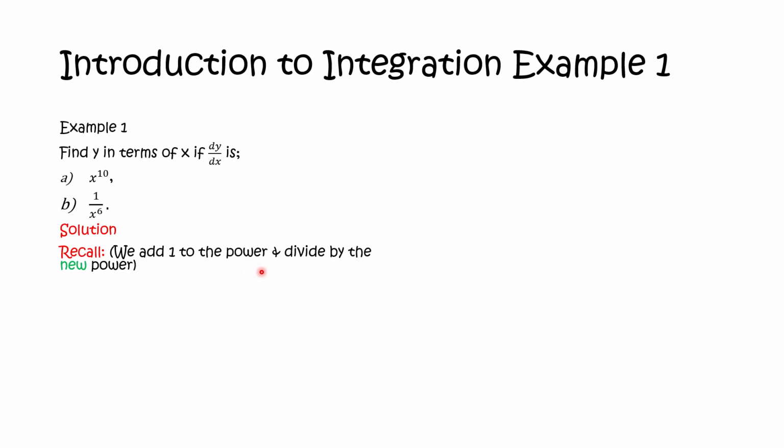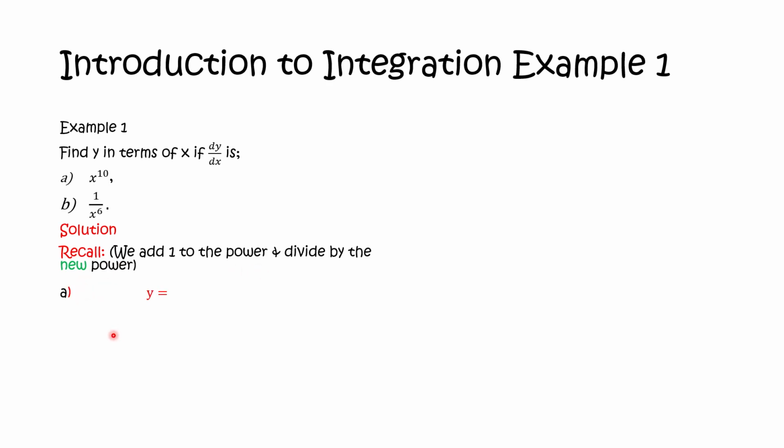Now, let's look at an example. Find y in terms of x if dy/dx is (a) x to the power 10, (b) 1 over x to the power 6. The solution. Recall, we add 1 to the power and divide by the new power.